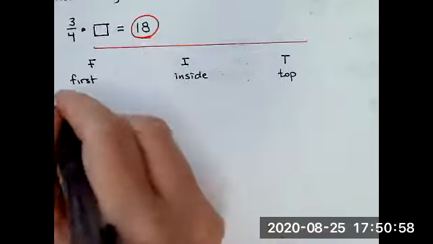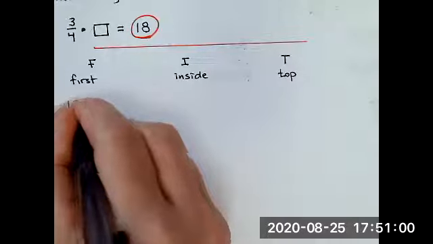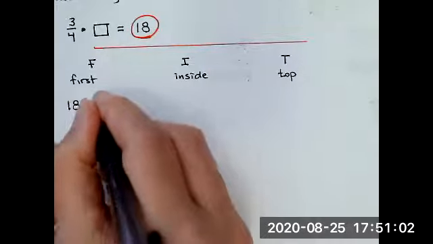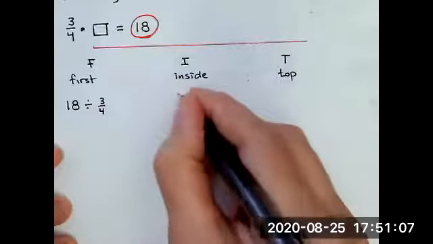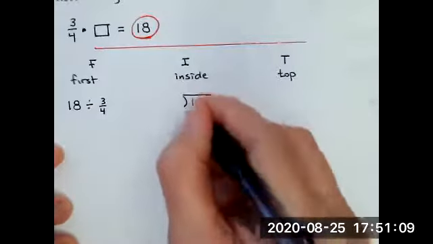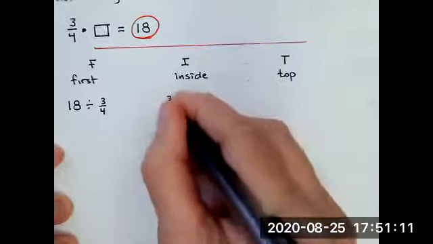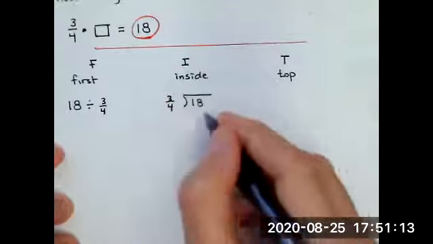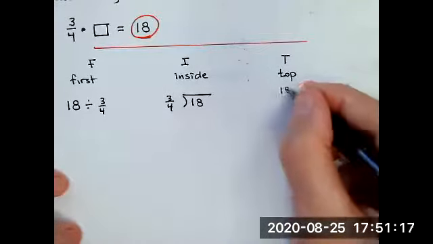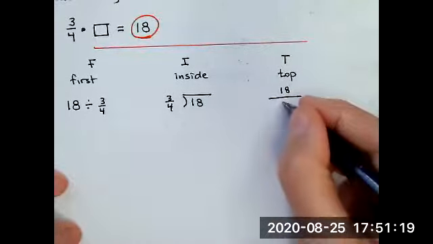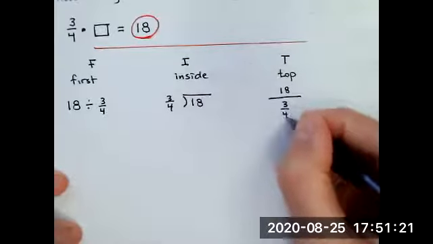So you could either write it as 18 divided by 3/4, or it's the 18 going inside, 3/4 divided into 18, or 18 over 3/4.